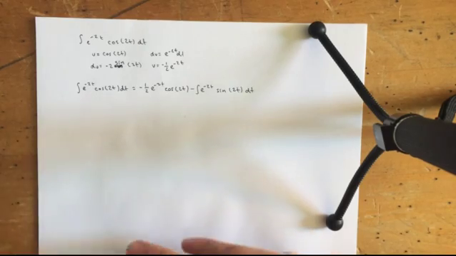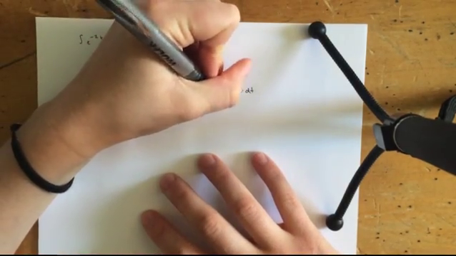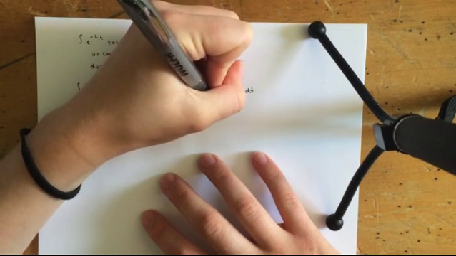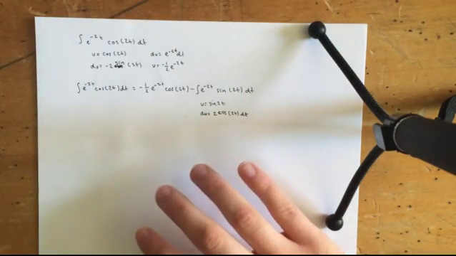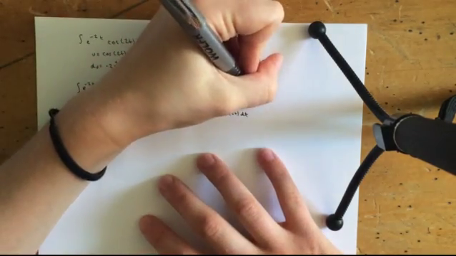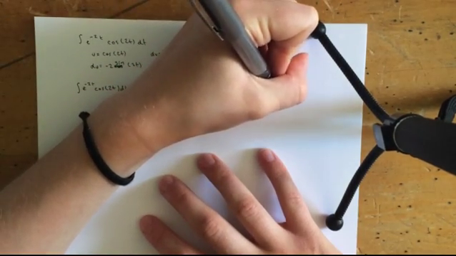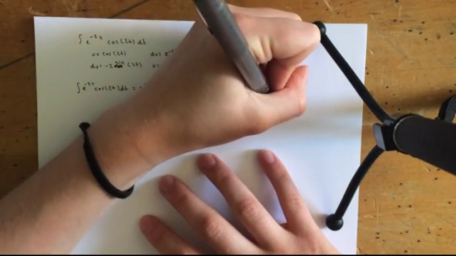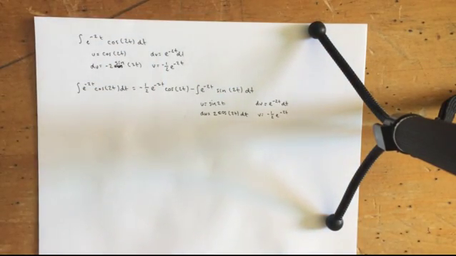So u equals sine of 2t, du equals 2 cosine of 2t dt, dv equals e to the negative 2t dt, and v equals negative 1/2 e to the negative 2t. So we'll put this in again.